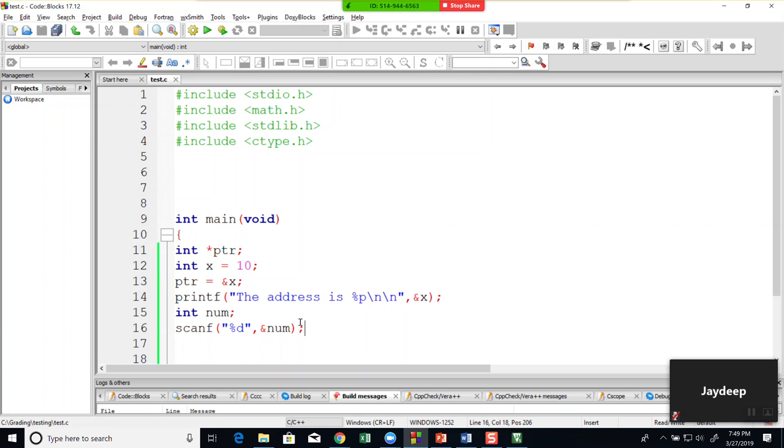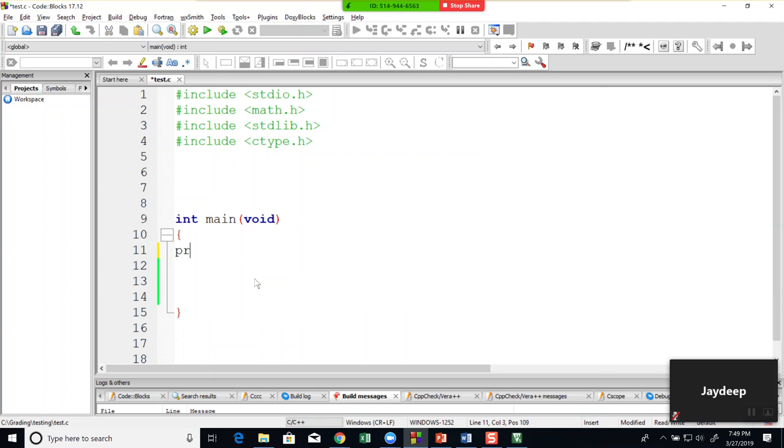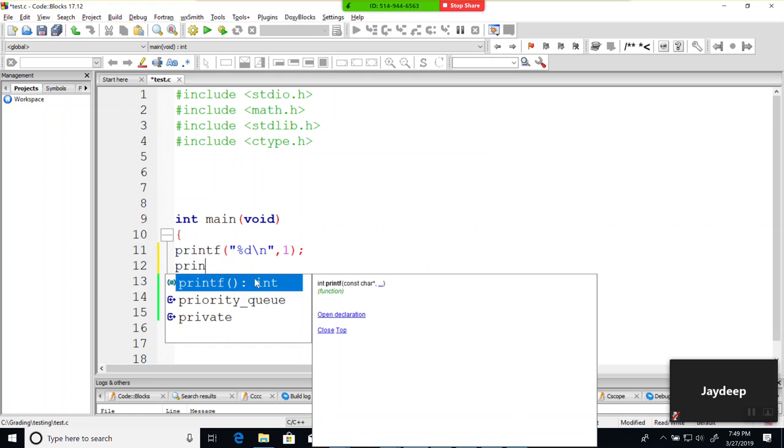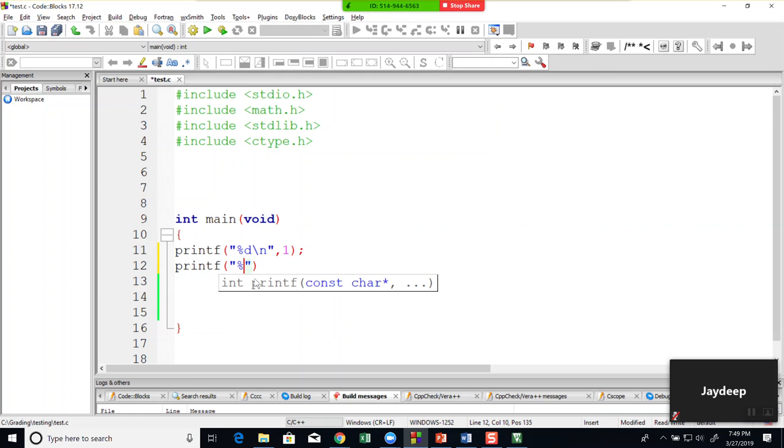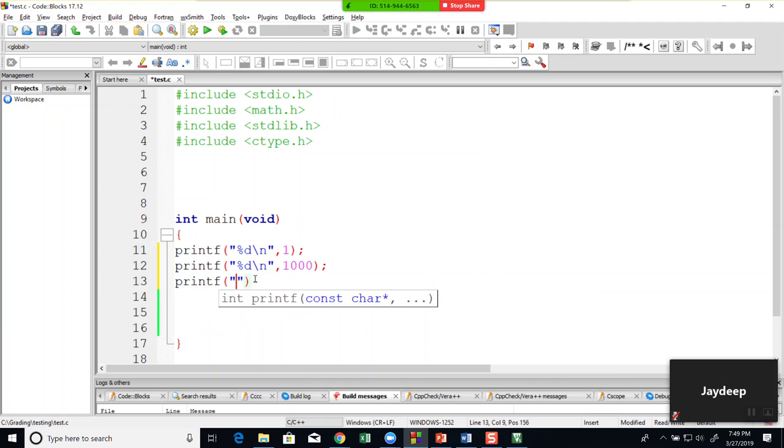Like if I did a printf %d\n of 1, printf %d\n of 1000, and printf %d of 30,000.